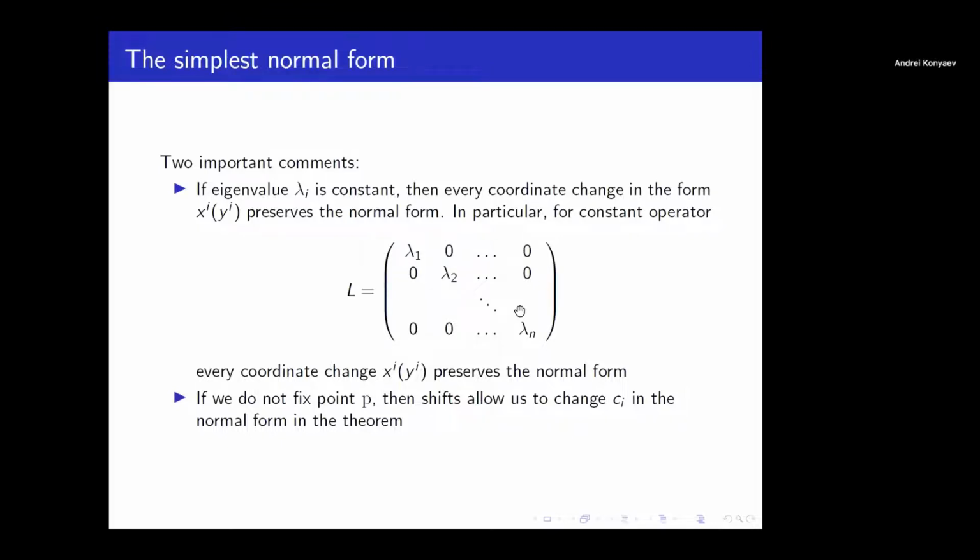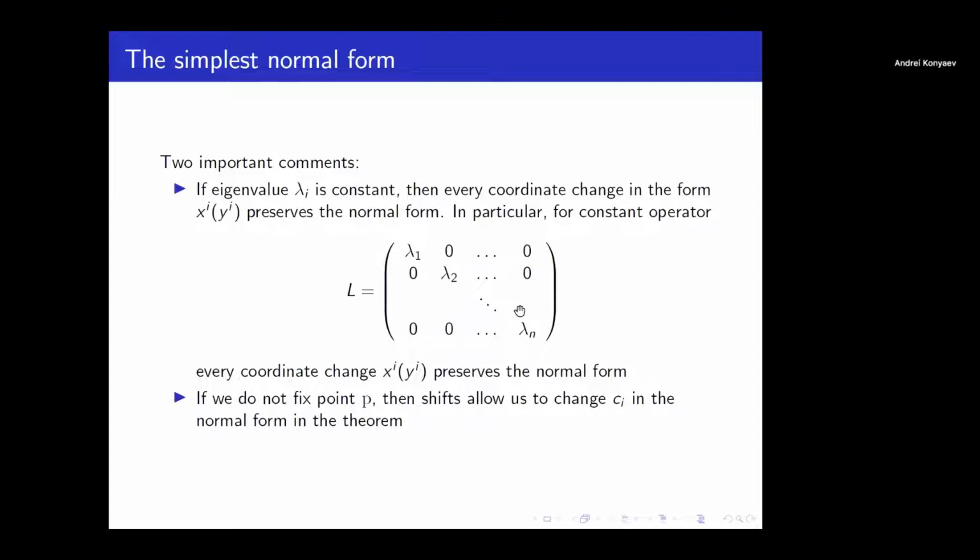But still, there is more freedom here to kill off CIs, because if they can be made zero, then we have a discrete collection of normal forms, right? They're just governed by delta i and k_i, right?